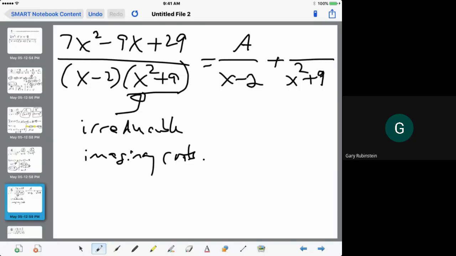Now, here's the new thing. You might think, well, let's just put a b on top. That's what we've been doing. But it's not a b on top or a c. Anyone have a suspicion? Maybe you've seen this before or have some idea why just putting a b on top would not be sufficient? If it's not just a b on top, what should go in the numerator of the x squared plus 9?